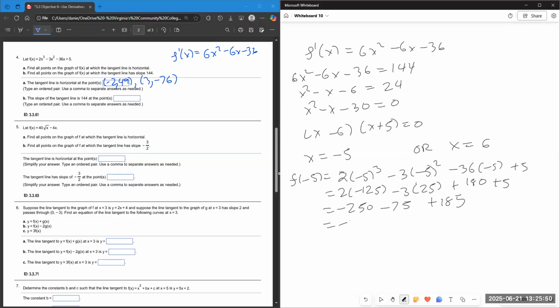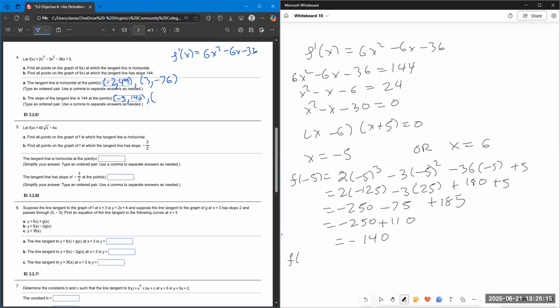This is going to be -250 plus 110, which is -140. So that is the point (-5, -140).